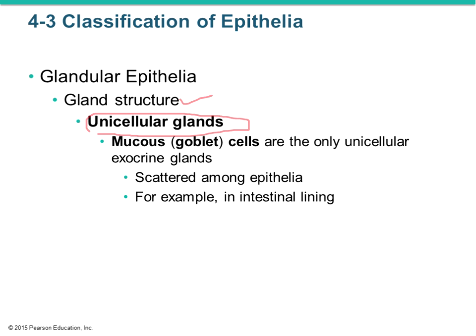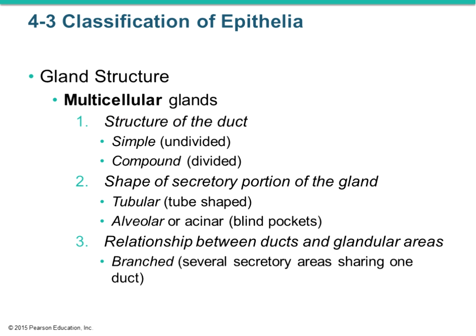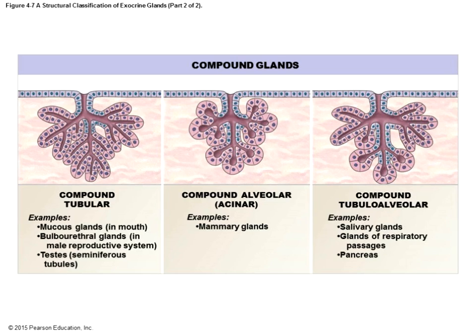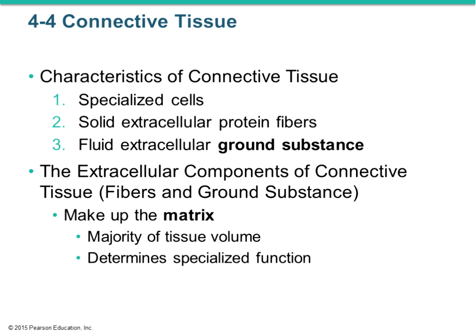We saw those in the digestive pathway and simple columnar epithelium. But mostly what you have are multicellular glands, and with multicellular glands, you have many different structures and options in terms of how they're branched and organized, but you don't need to worry about memorizing all of these different gland structures. Just understand you have a variety of those.